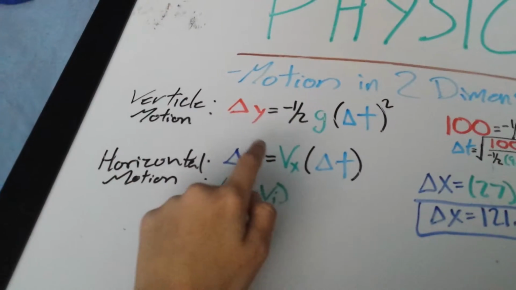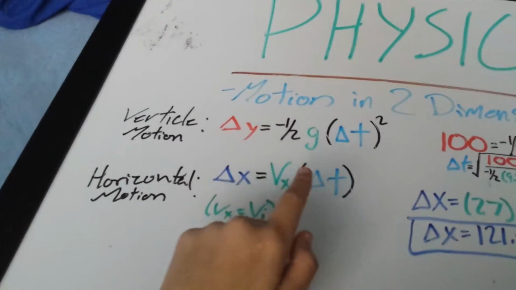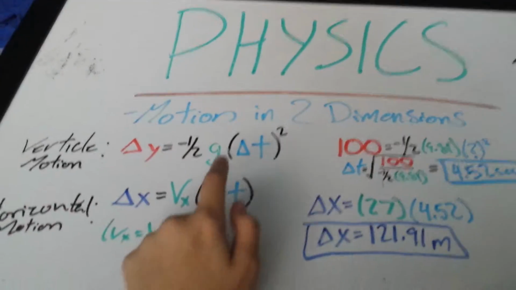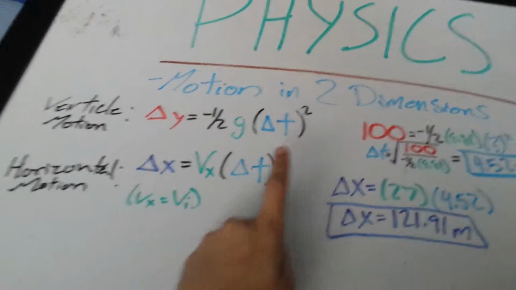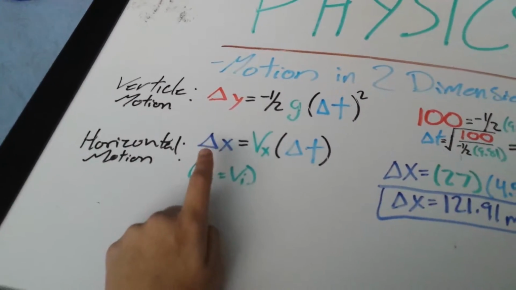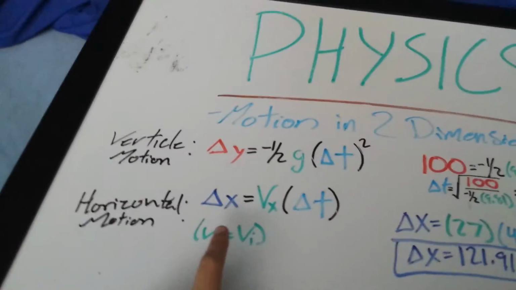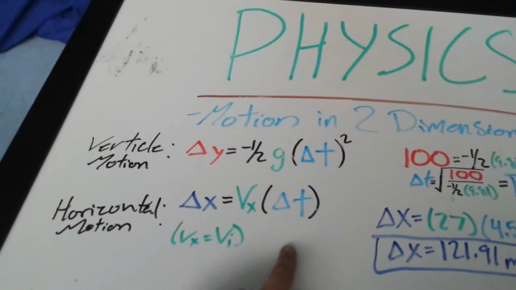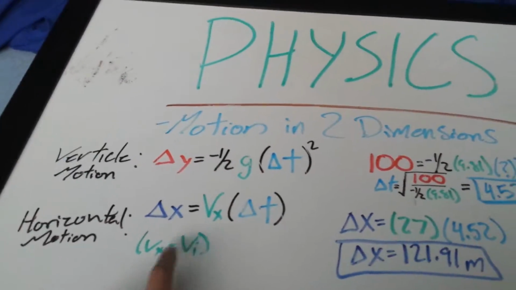The vertical motion is delta y equals negative half of gravity, which is g, times the time squared. And horizontal movement is delta x equals the constant times the time. And Vx is just the initial velocity, as we decided earlier. And that's going to be my math for the equation.